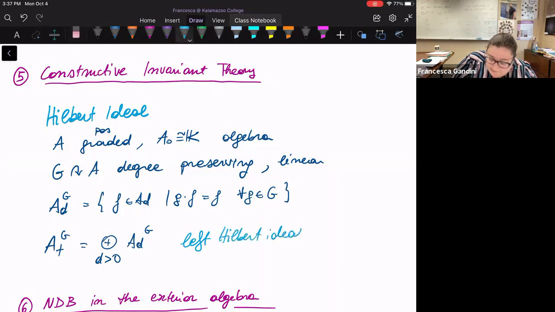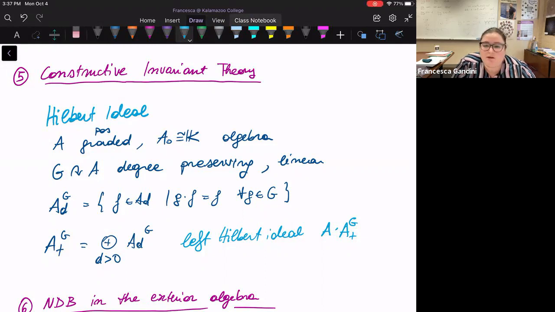But because I'm applying this to the exterior algebra and the ideals are two-sided, this doesn't affect things too much. So this left Hilbert ideal would be the ring multiplied by this positive degree invariants, so all the linear combinations of positive degree invariants with coefficients in your algebra.